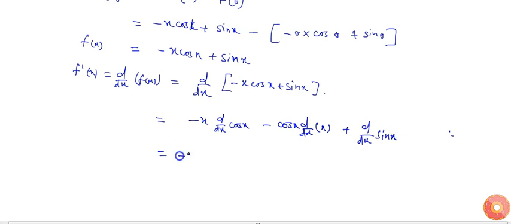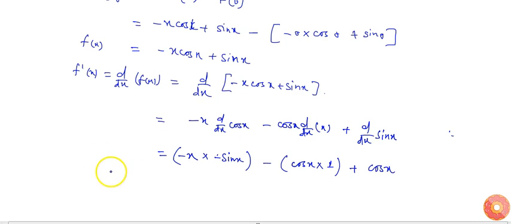So from here I'll get the derivative of cos x is minus sin x, so minus of minus sin x, minus cos x into the derivative of x, which is 1, plus the derivative of sin x, which is cos x.